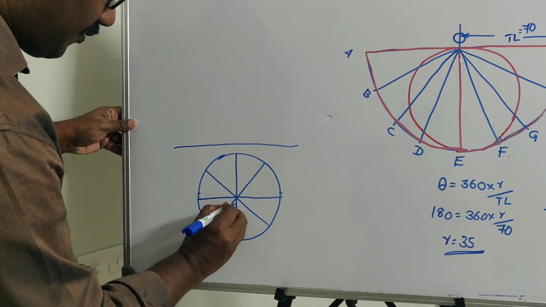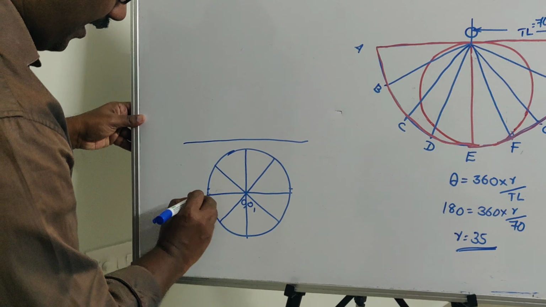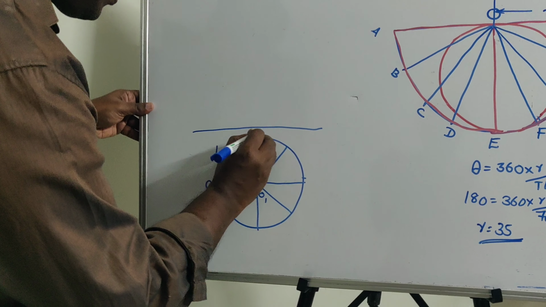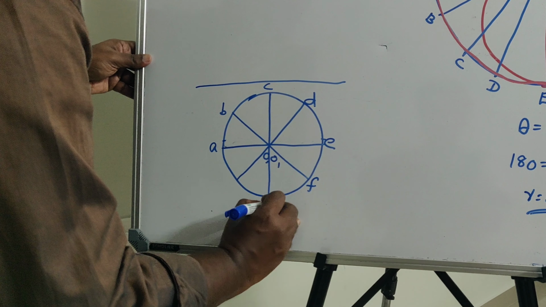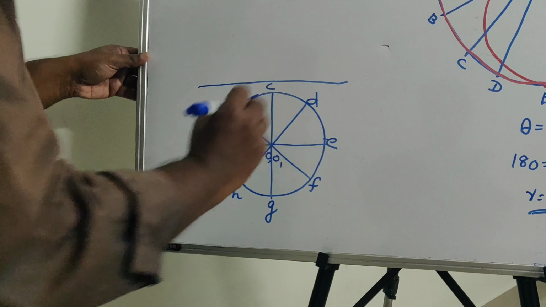So you will get this is O1, A, B, C, D, E, F, G and H.